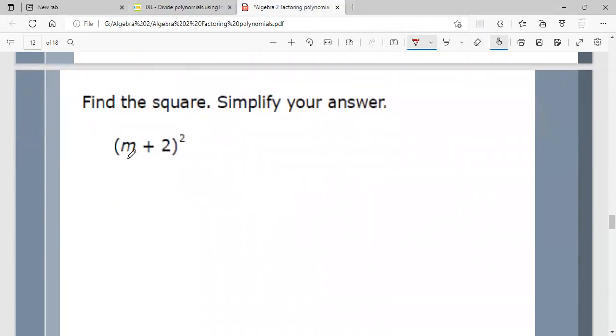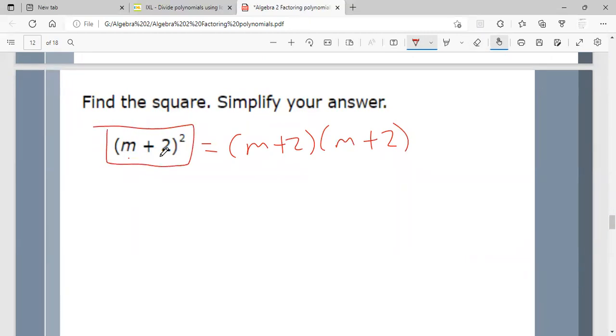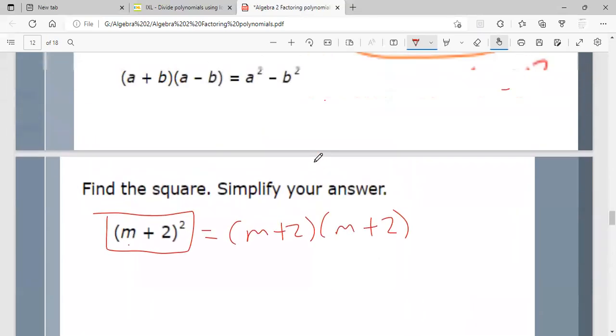So this is the square format, which is the factor form of this. So this is equal as m plus 2, m plus 2. So that's the same as that. But this is called the square form. This is the square factored form. And this is just regular factor form.